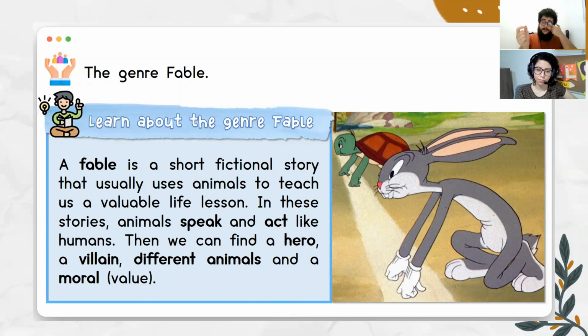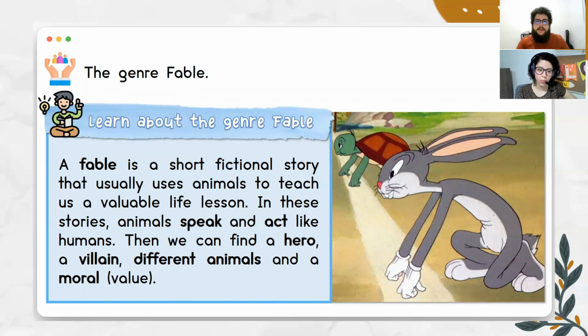By using a very common fable, because some of the students also read The Hare and the Tortoise in Portuguese, we have this opportunity for them to build in their minds what a fable is and what to expect next when we start the reading.